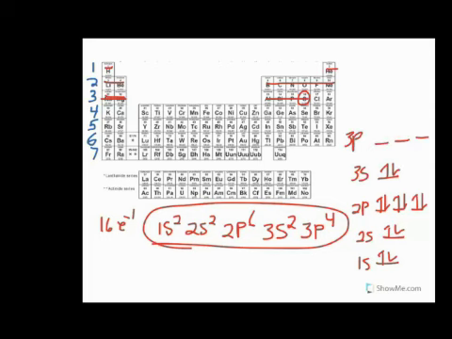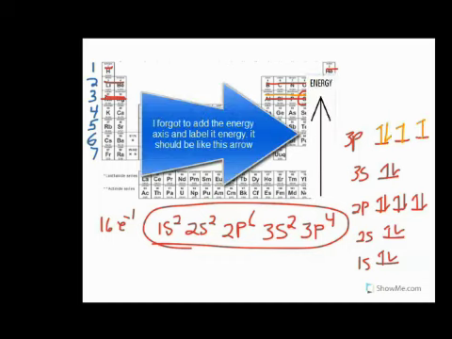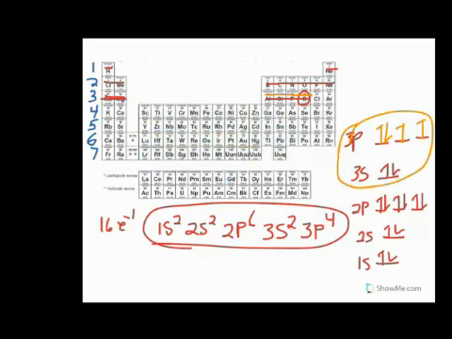Let's look. 1, 2, 3, 4. 4 electrons. 1, 2, 3, 4. Looking very similar to oxygen, except we're at a higher energy level. If you go back and look at the oxygen, it was 2s, 2, and 2p, 4.